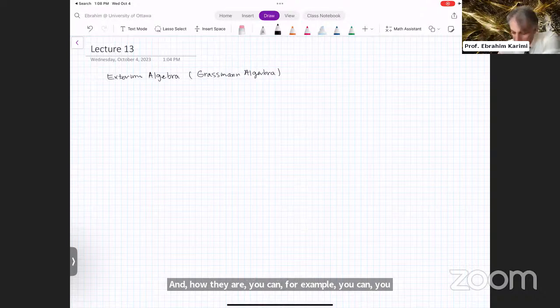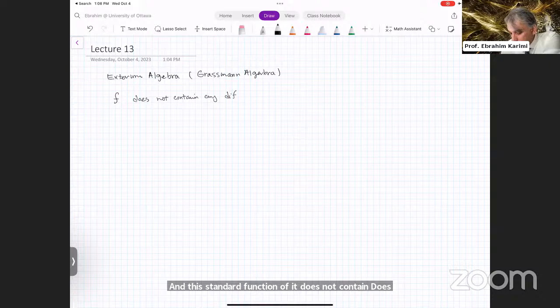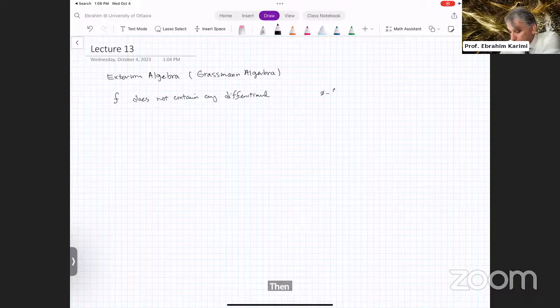If you remember, you may have just a normal or standard function f, and this standard function f does not contain any differential. Then we call it a zero form. Okay.